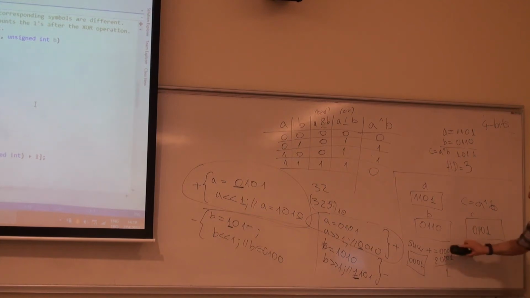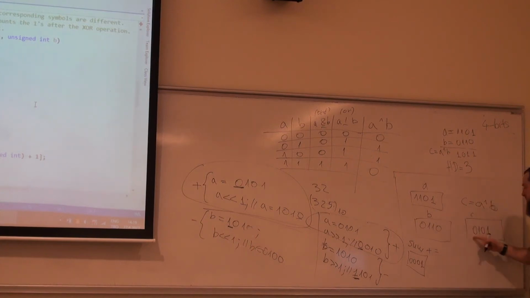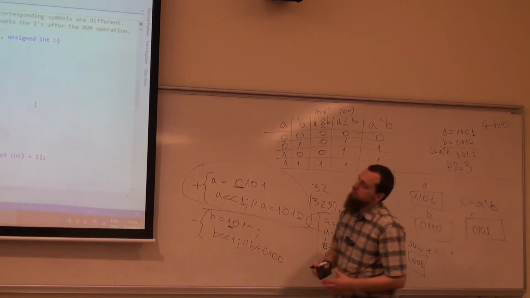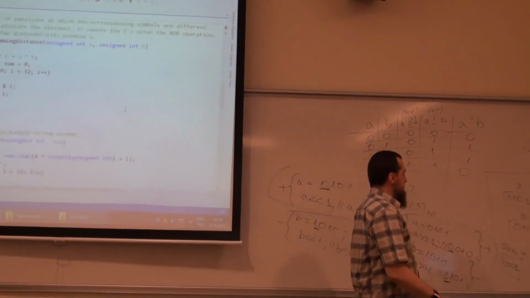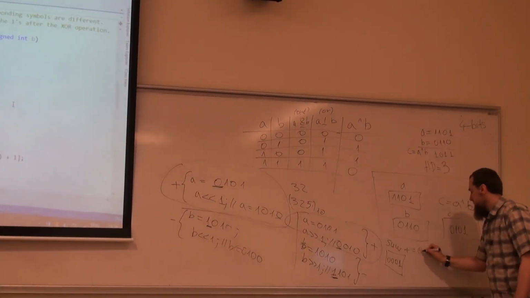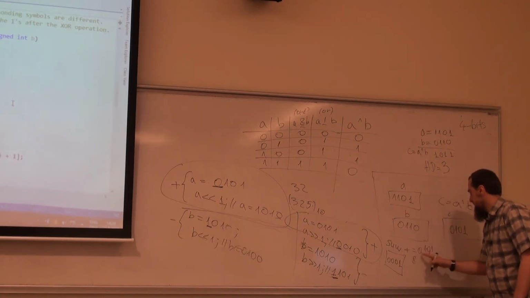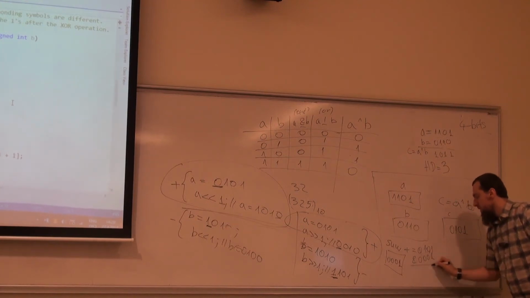Sum is 1. Again, we iterate the loop for the second time, and I say sum plus equal to C bitwise AND 1. This is C, so I have 0, 1, 0, 1, bitwise AND 1, which is 0, 0, 0, 1.